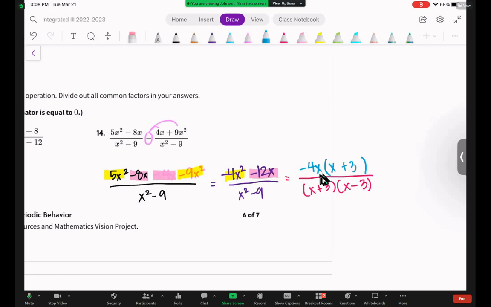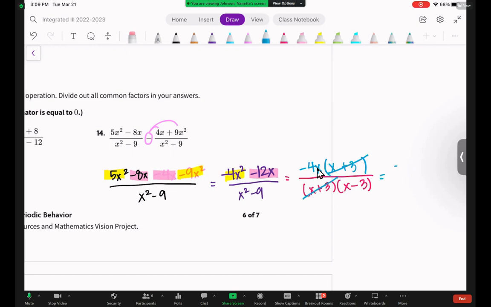And you're like, oh yeah, I see x plus 3 and x plus 3. The whole thing could be canceled because the whole thing is being multiplied by something, right? You can't cancel this 3 with that 3 because the whole thing isn't being multiplied. See, it's being added. But I could cancel the whole thing because the whole thing is being multiplied by something. So these two equal 1.